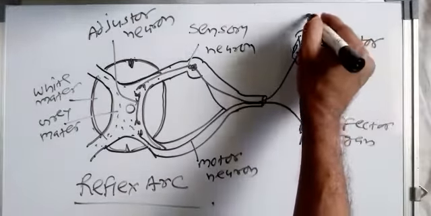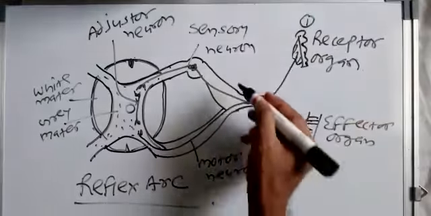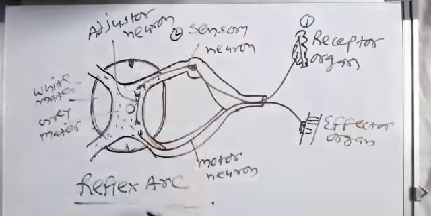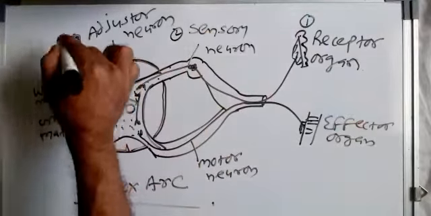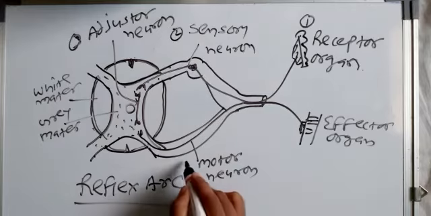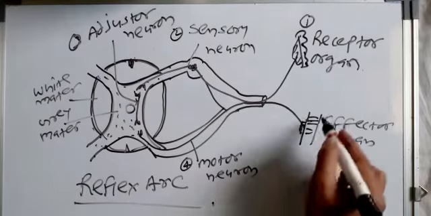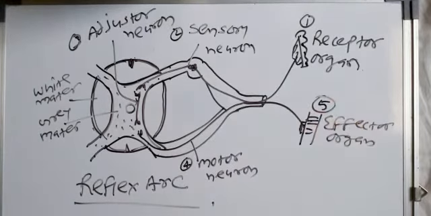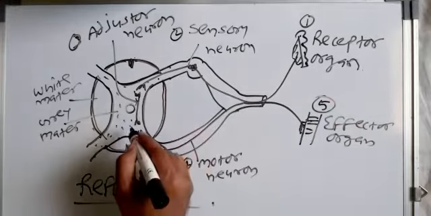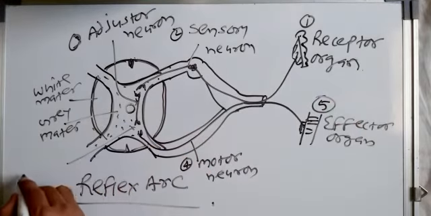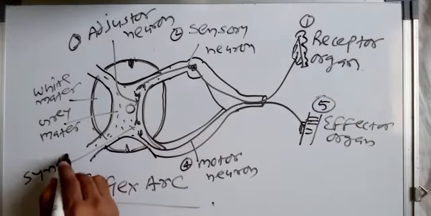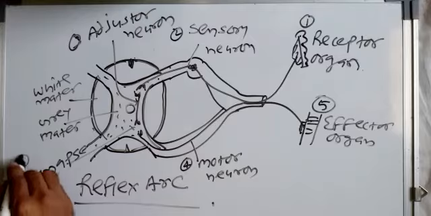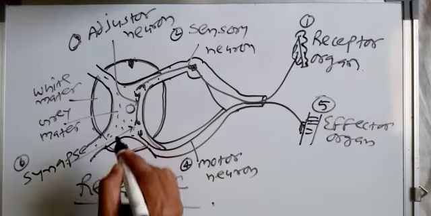Number one component is the receptor organ. Second component is the sensory neuron. Third component is the adjuster neuron. Fourth component is the motor neuron. Fifth component is the effector organ. And the sixth component is the synapse.